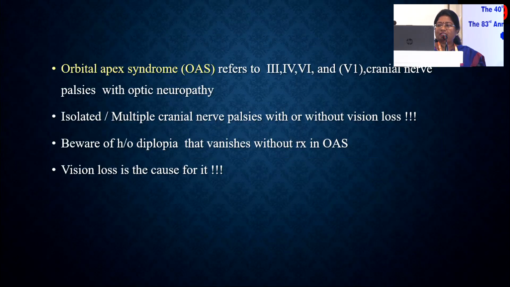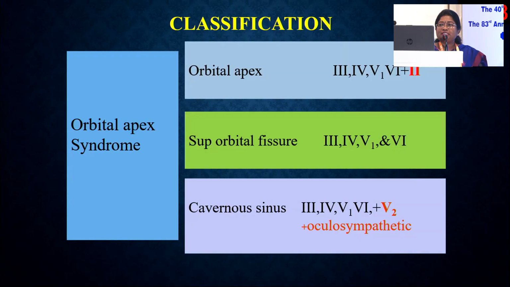Orbital apex refers to multiple cranial nerve palsies with or without optic neuropathy. It can also be isolated at times with vision loss. This is the classification described in textbooks, where the superior orbital fissure involves 3, 4, V1 and 6, optic nerve dysfunction is the orbital apex, and V2 with an oculosympathetic palsy is the cavernous sinus syndrome.